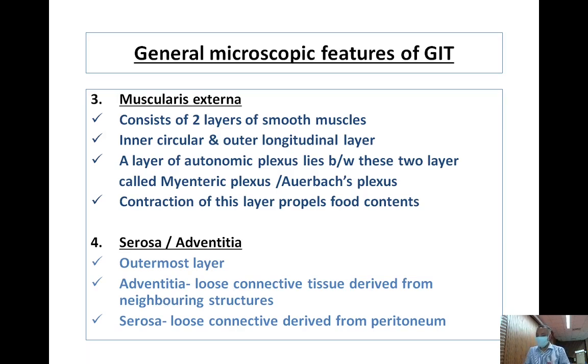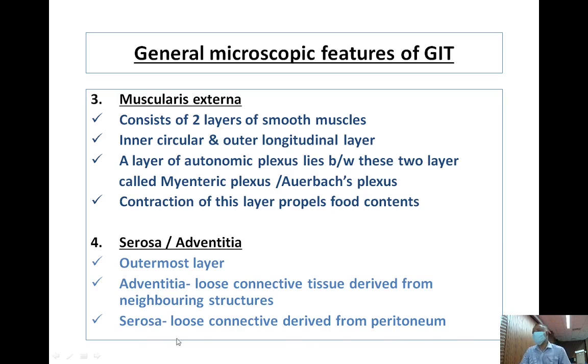That means, suppose in the pelvic cavity it is derived from the pelvic tissue, or in the abdominal cavity it is derived from other connective tissue, like the covering of the muscle. If it is derived from other neighboring structure, then we call it adventitia. Or if it is derived from peritoneum, then we call it serosa.